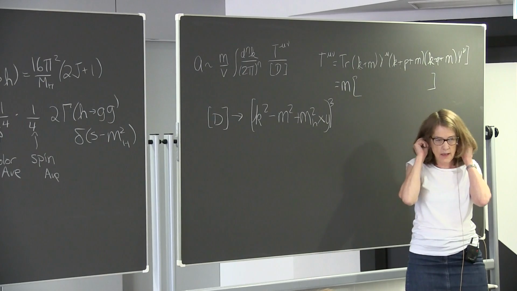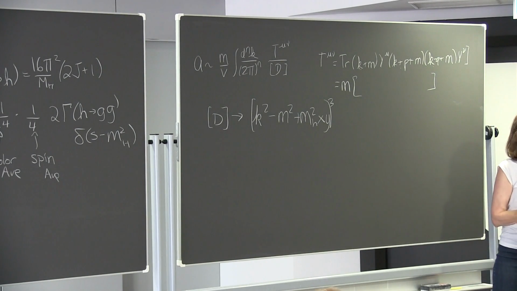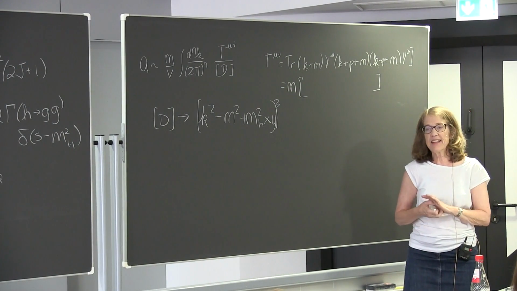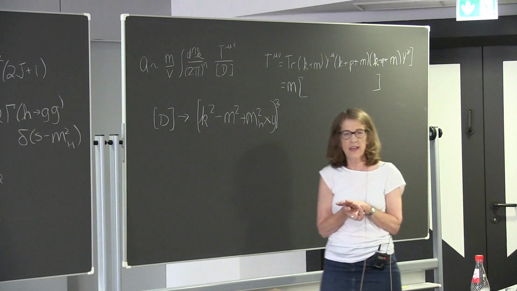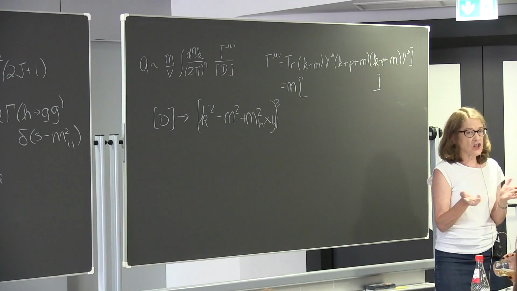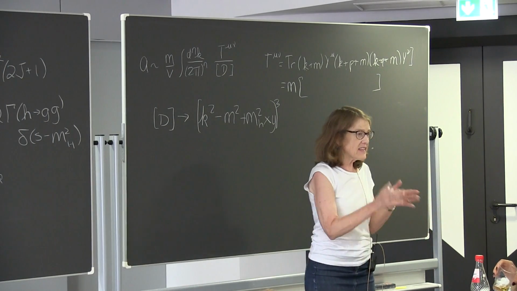I was asked why you do it in dimensional regularization instead of in 4 dimensions, because it turns out it's finite in the end. And in fact, Felix will remember this, there was a paper right before the Higgs was discovered saying that all the calculations that people had done of this, actually they were talking about h to gamma gamma, but it was the same thing, they were all wrong. And they did it in 4 dimensions.